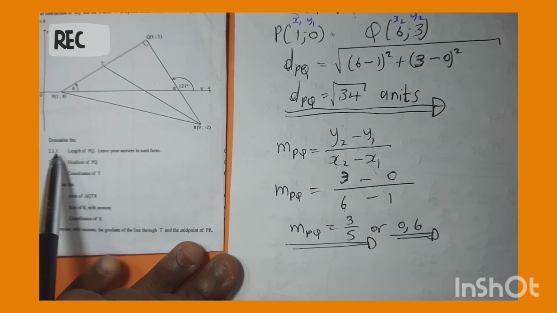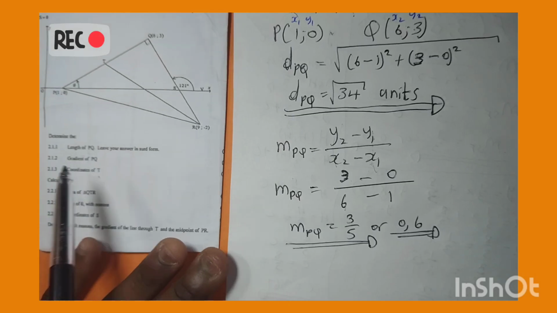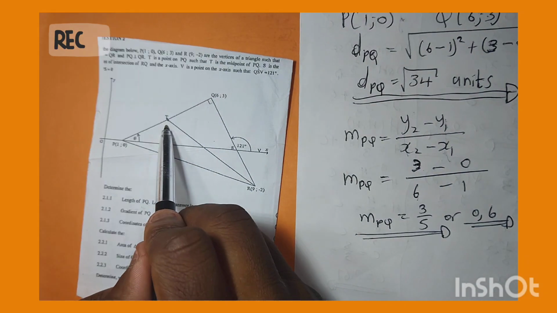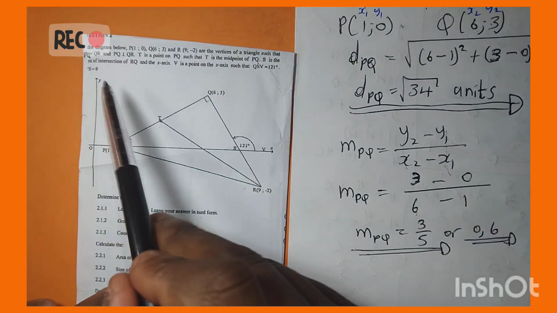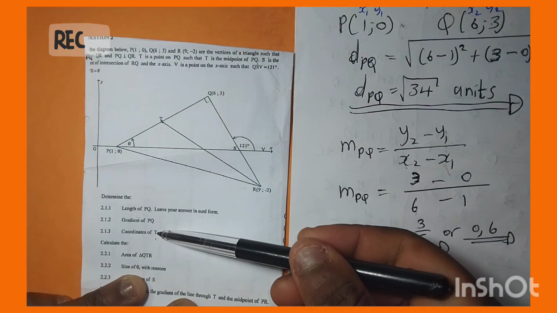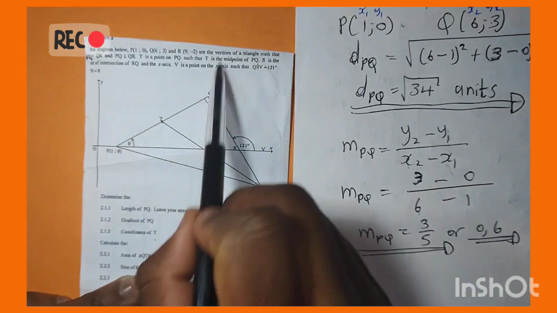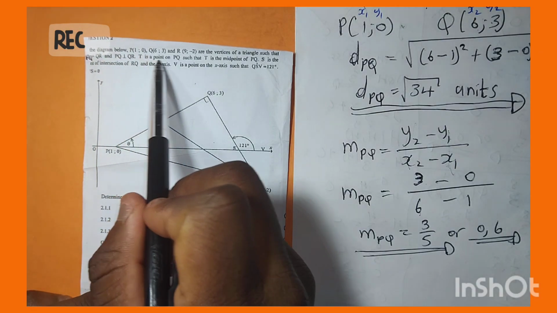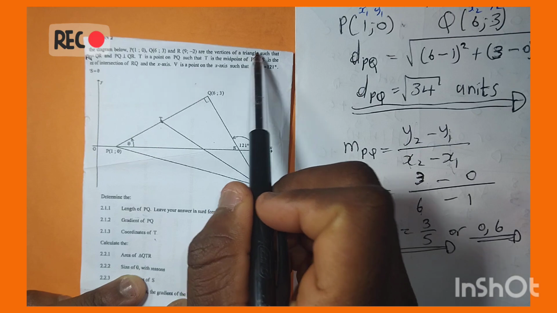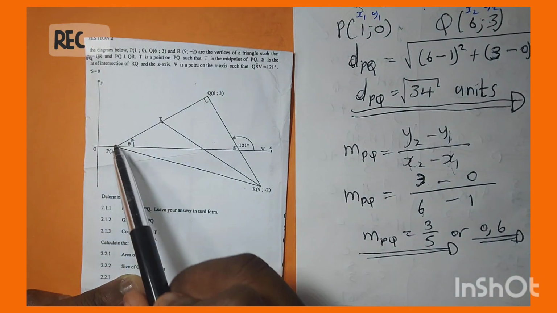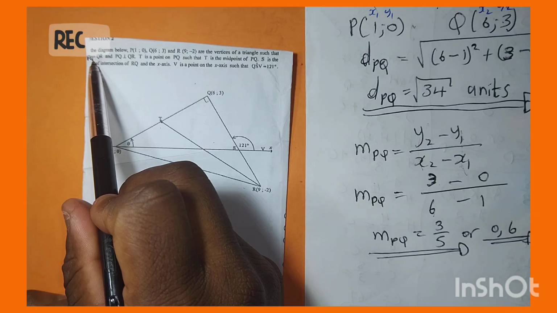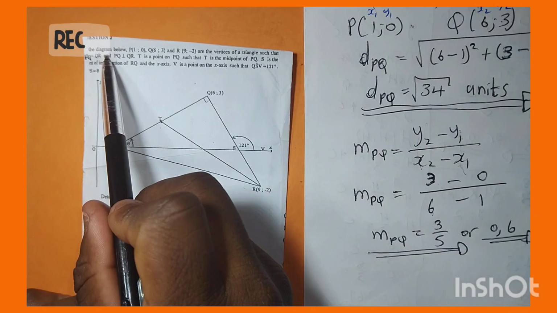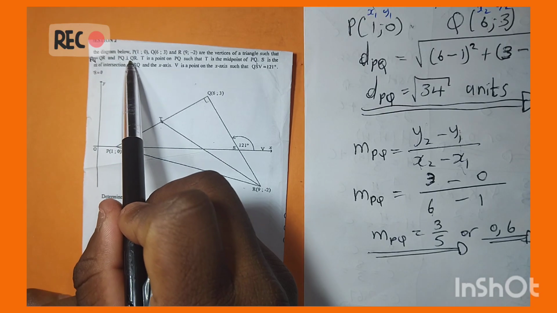Now the next question says, determine the coordinates of T. Where is T? T is this point. Another thing that will guide you, guys, is to read the statement for this question. It says that in the diagram below, PQR are the vertices of a triangle such that PQ equals QR, and PQ is perpendicular to QR.